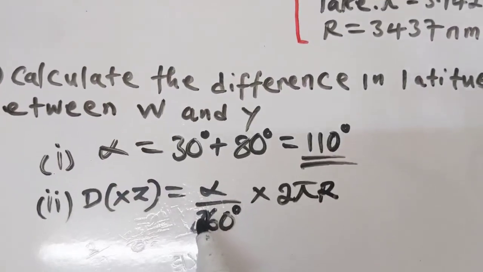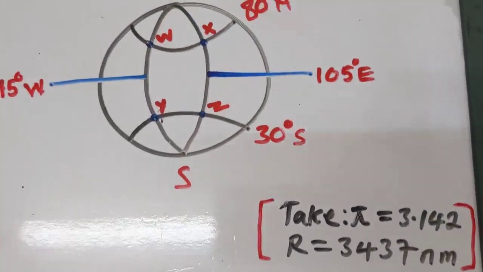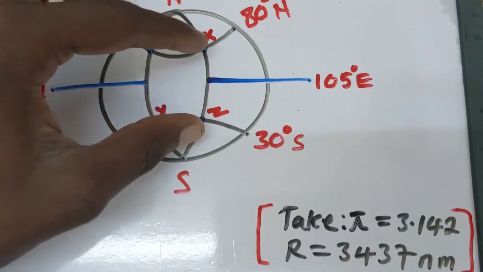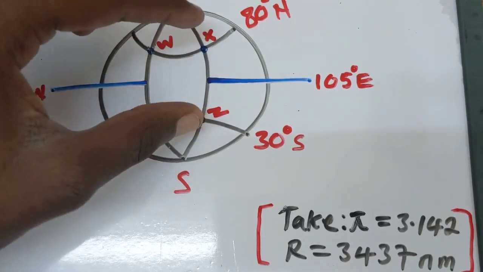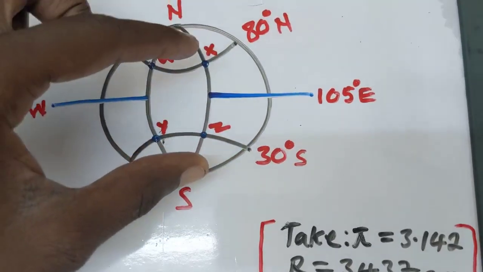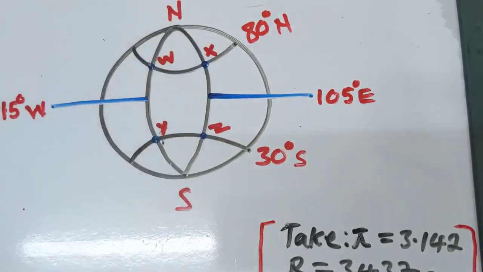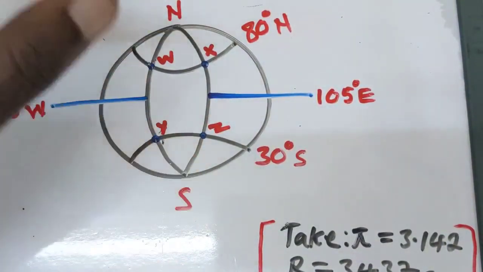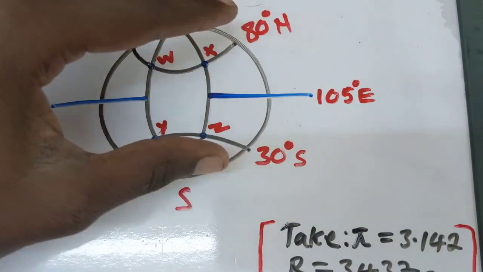We said that when you are calculating the difference in longitudes, you add them if they are on different sides, like south, east, north, east. So this is what we are supposed to do.